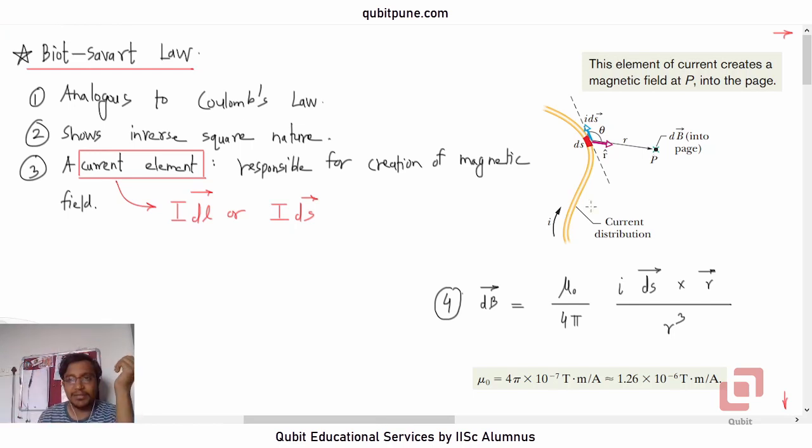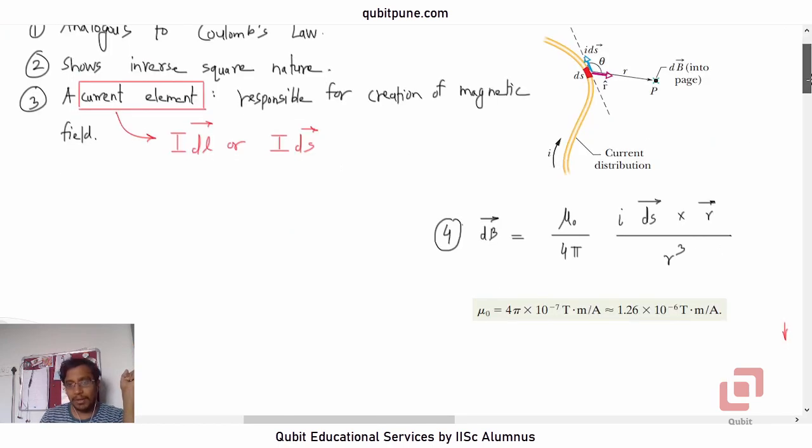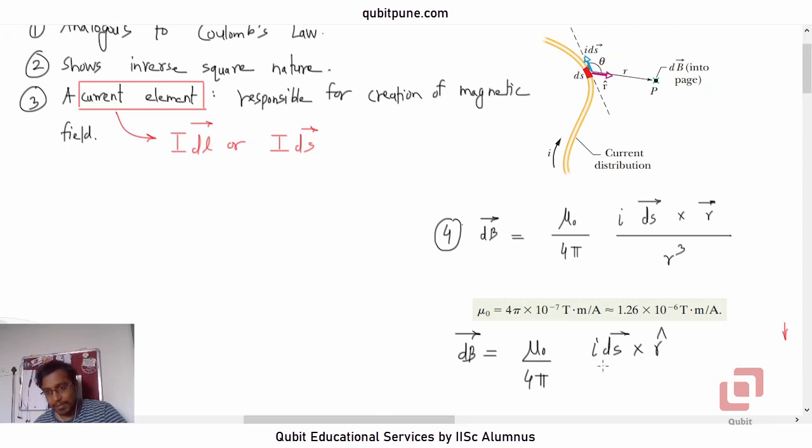That tells you that you must draw a cross here, so dB bar is into the page, or into the screen. The mathematical expression for this magnetic field is mu naught by 4 pi, I ds bar cross r bar upon r cube, but we can also write it as follows: dB bar is equal to mu naught upon 4 pi, I ds bar cross r cap upon r square.